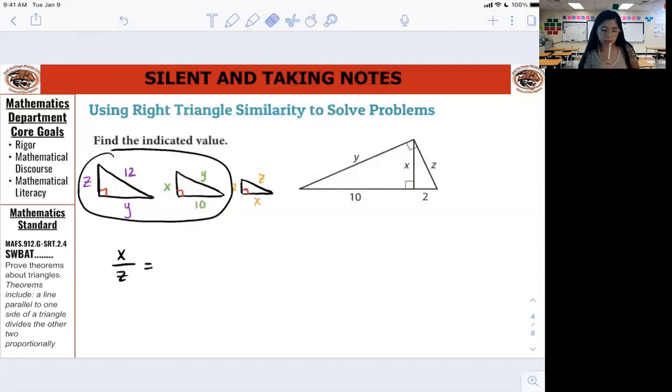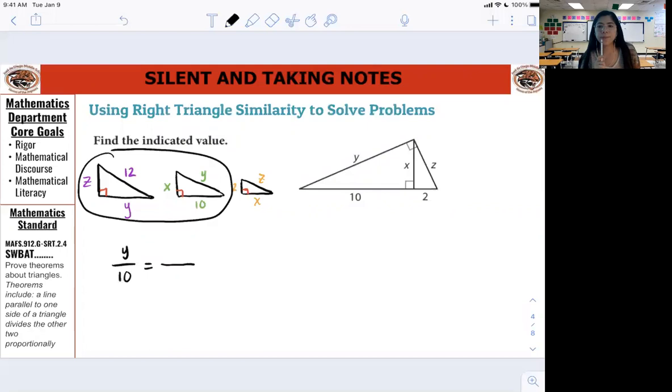If I do X over Z, is there a way to get the same variables here? No, unfortunately, no. So X over Z sounded good at first, but it's not really going to work out. Try coming up with, and that's okay, Tyrone, we're learning, try coming up with one variable and one number. So like Perla has Y over 10.